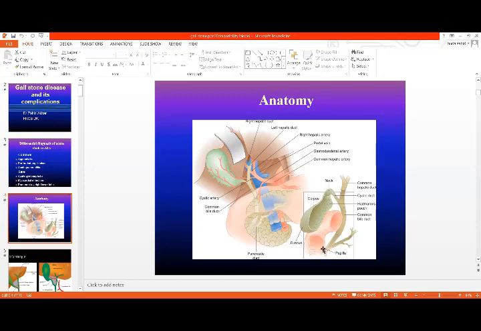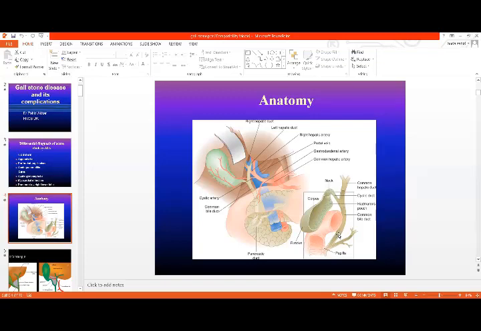That's papillotomy, or sphincterotomy. There's a sphincter there, the sphincter of Oddi. Now one more thing in the anatomy I would like to mention.